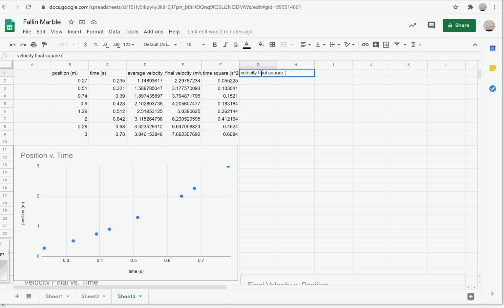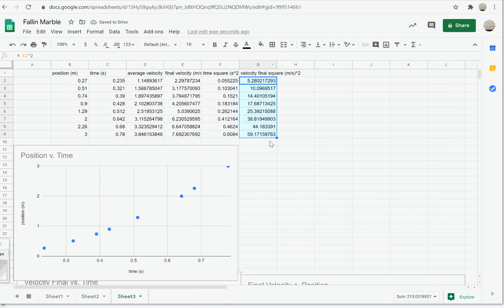So that would be meters per second, and then I'm going to put my caret, because I want to show that my units are squared in here. The great thing about doing this in Chrome is, I go find my velocity final, and then all I've got to do is square that column. And now I can just drag it right down. So now I've got my list of squared final velocities.